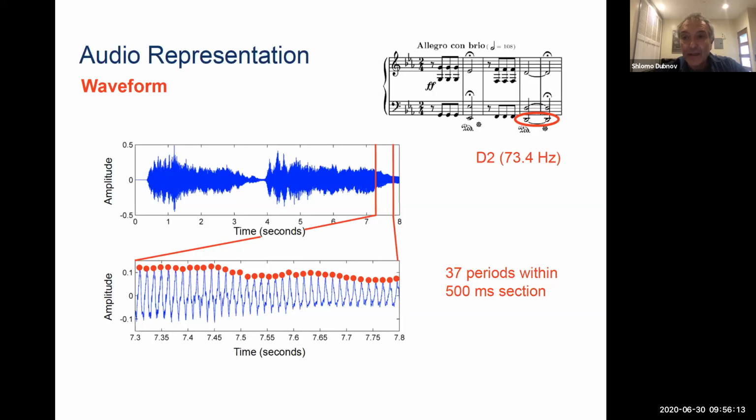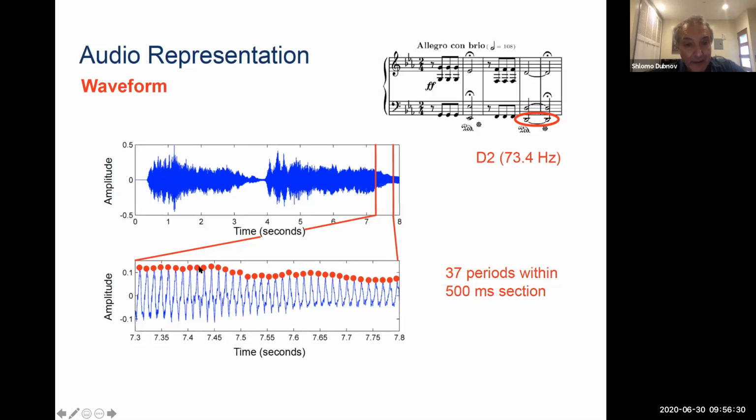So a wave that has 73.4 hertz frequency means that these waves would repeat 73.4 times a second. Here we have a window which is 500 milliseconds, from 7.3 seconds to 7.8 seconds.